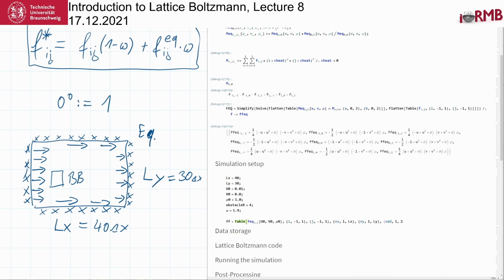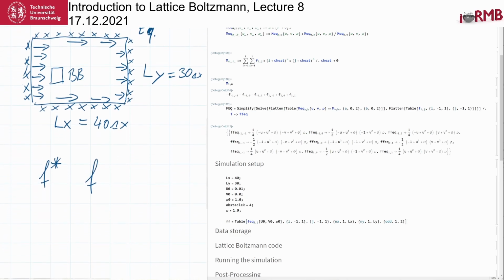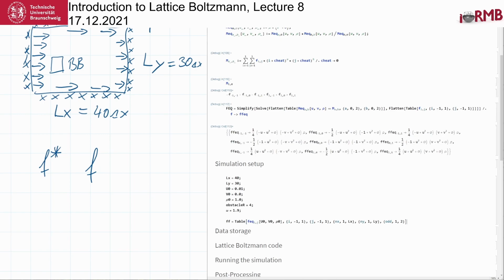Then I have to add that we need 2 sets of distributions. Why do we need 2 sets? Because we have the post-collision state and the pre-collision state. We call one of them A and the other one B, and we write from one to the other, and then we switch the state.